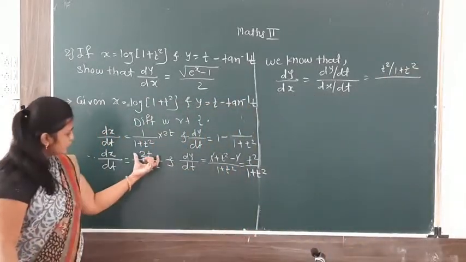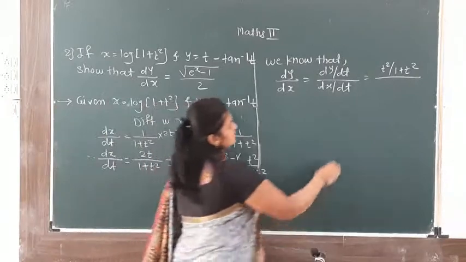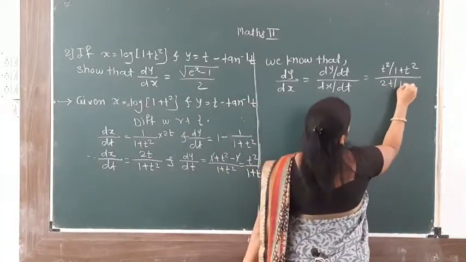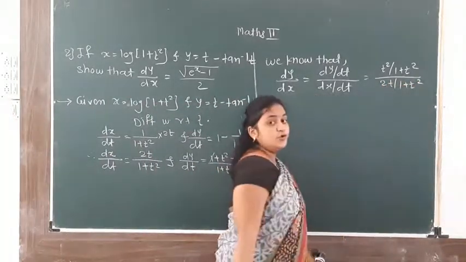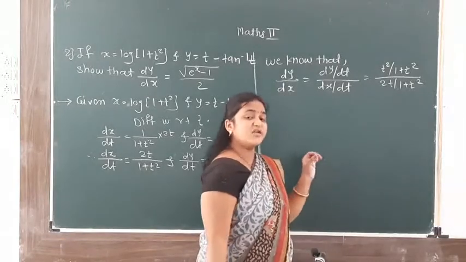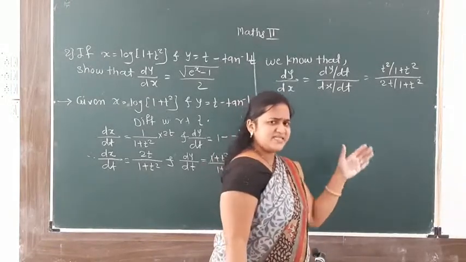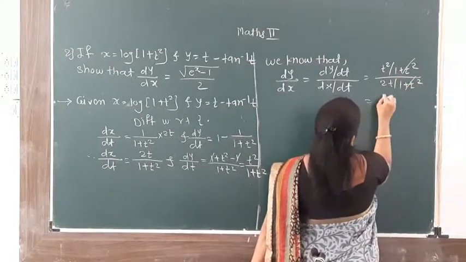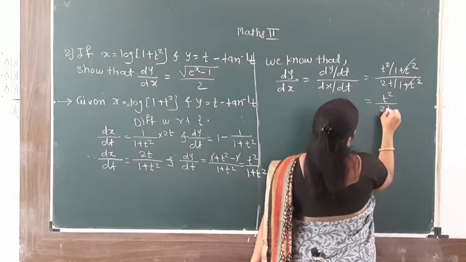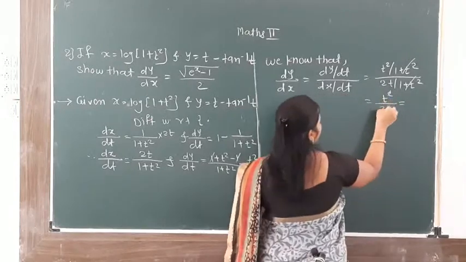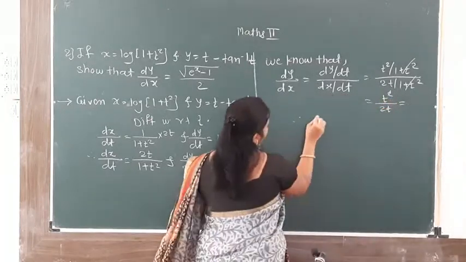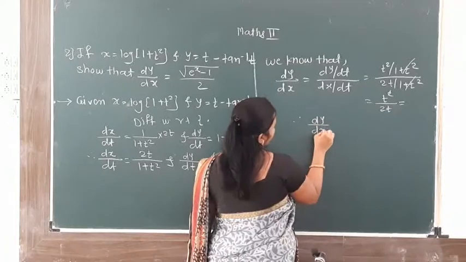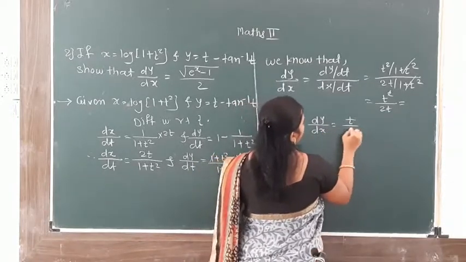The derivative is 2t divided by 1 plus t square. The numerator and denominator are the same, so they cancel out. Now we get t square divided by 2t. So t cancels, and we get dy by dx is equal to t divided by 2.